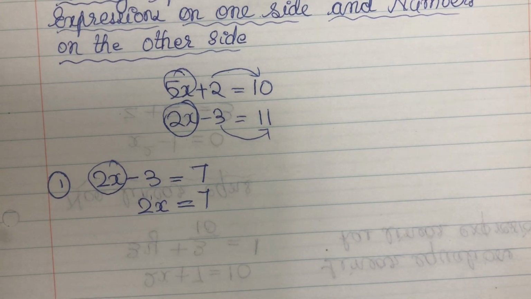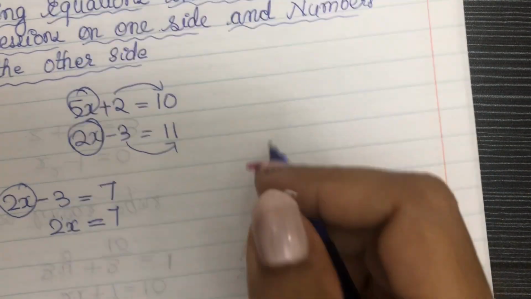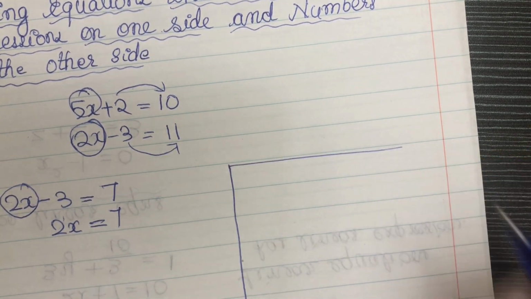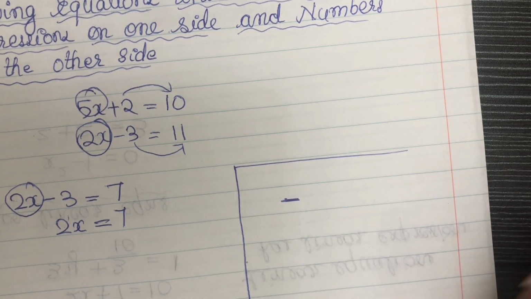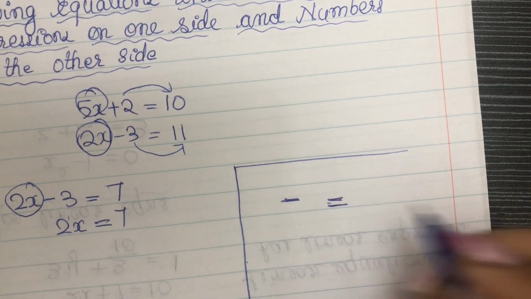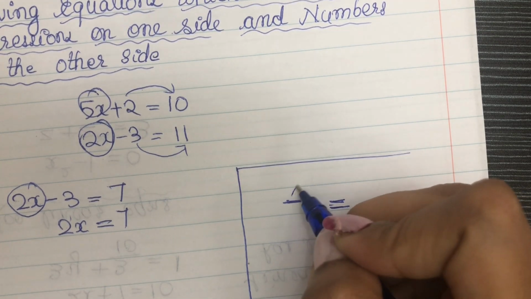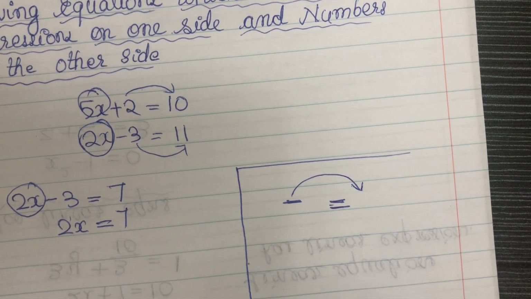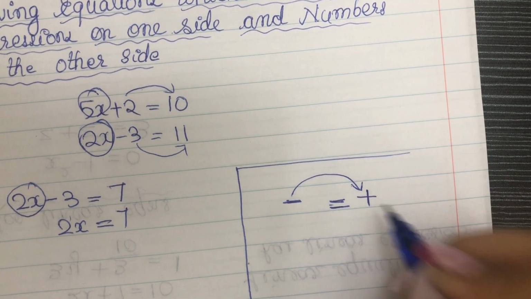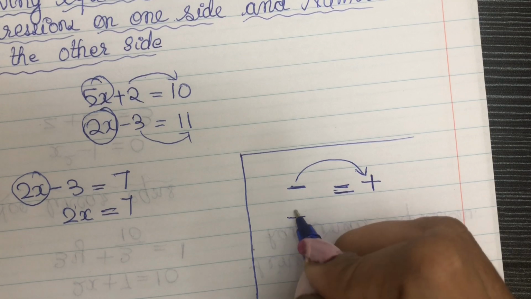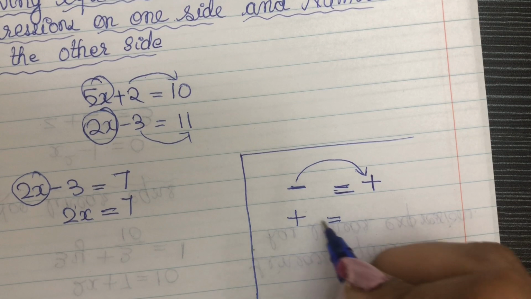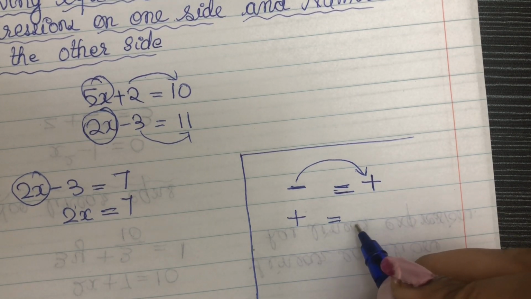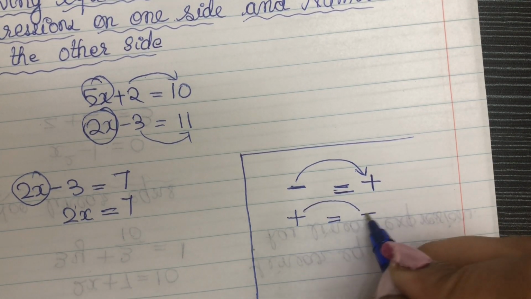Whenever we are transferring, keep this in mind, okay? You have already learned this. Whenever you are transferring a negative term to the other side of your equal sign, it will be positive. Whenever you are transferring a positive term to the other side of your equal sign, it will be negative.